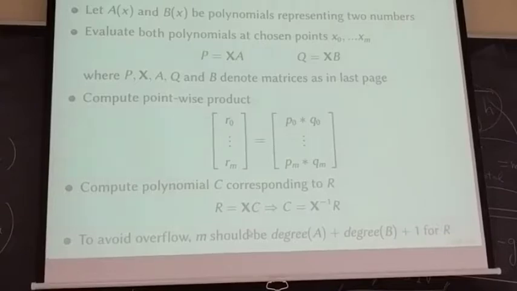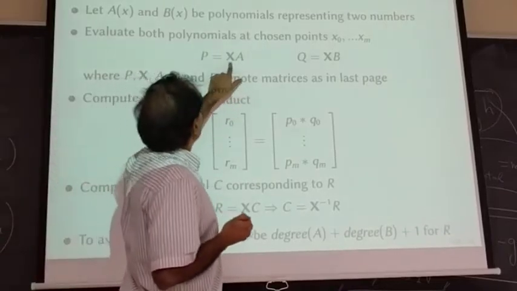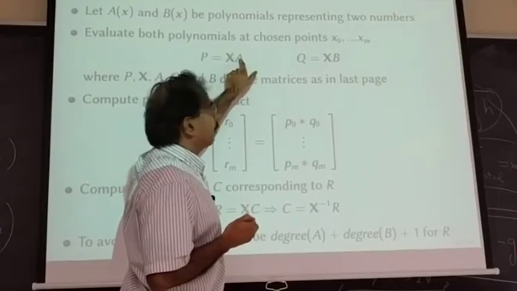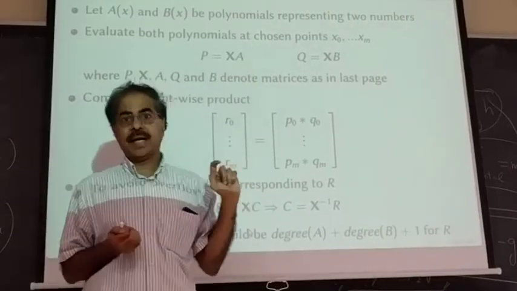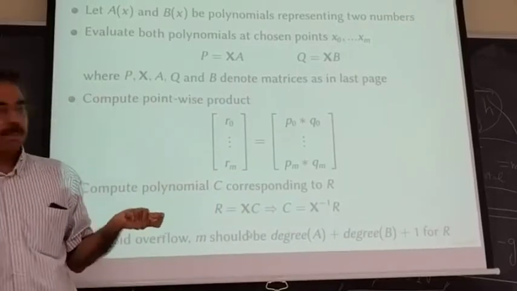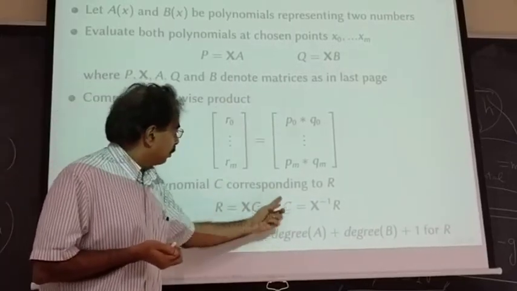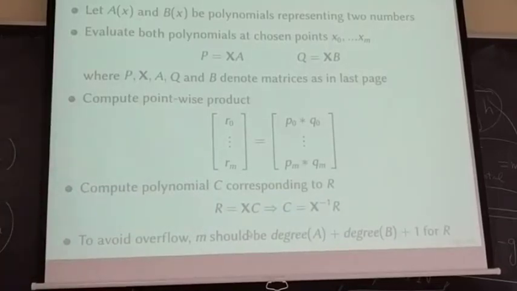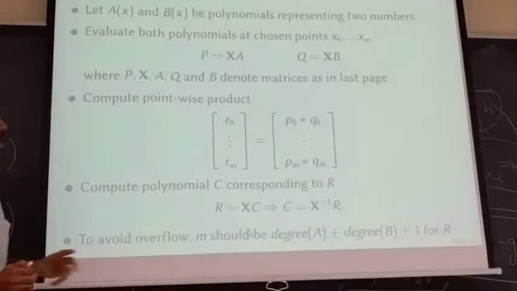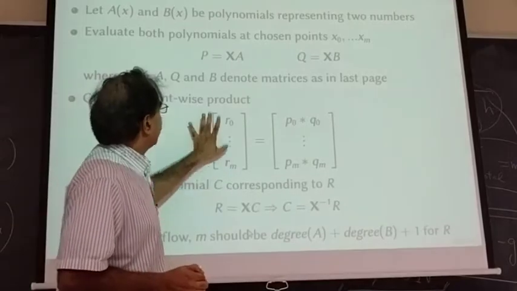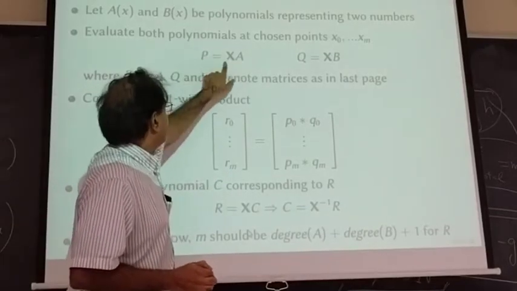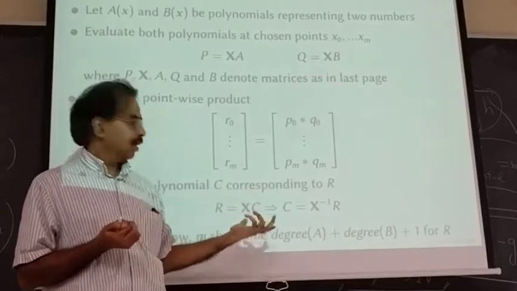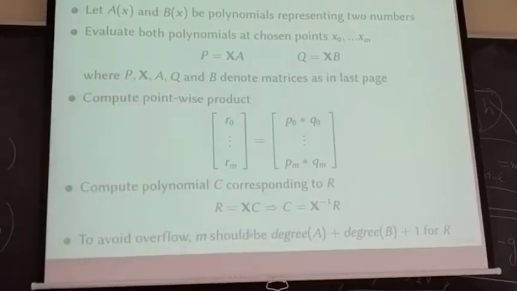So even though to uniquely define each of these polynomials we only needed to evaluate at n points, for the product polynomial we need something like 2n points. So what we do is, at the first step itself, we evaluate at 2n points. That's why I have an m that's distinct from n.